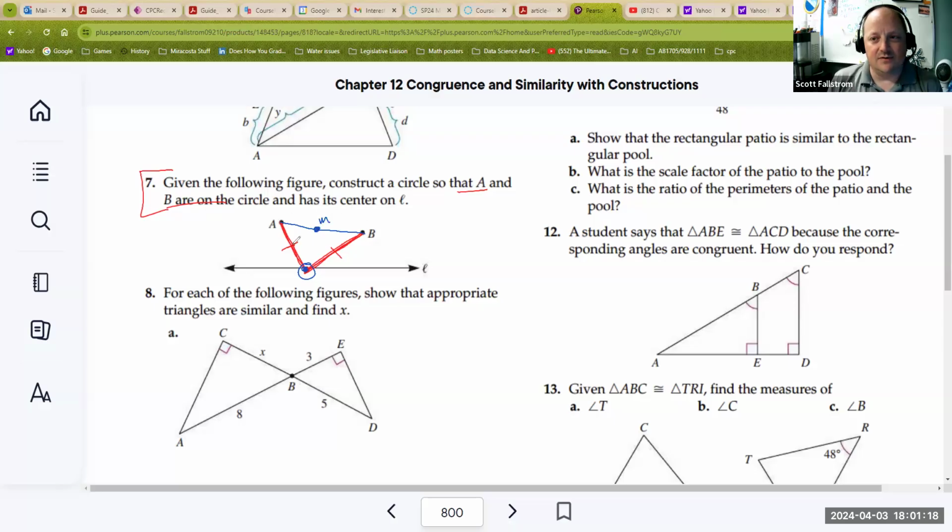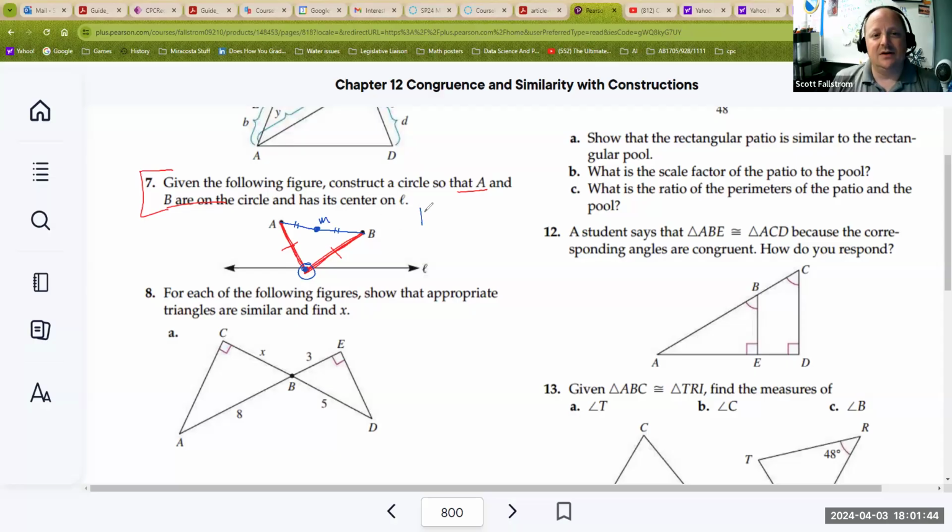If this was the center of the circle, then it could obviously go through those because M is the same distance from A and B. There are infinitely many points that are the same distance from A and B. Your goal is to find what they all look like. What's the relationship between every point that is the same distance from A and B?